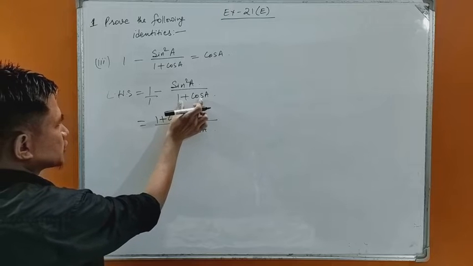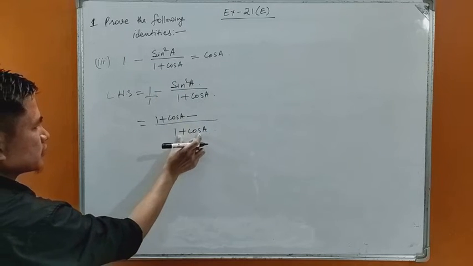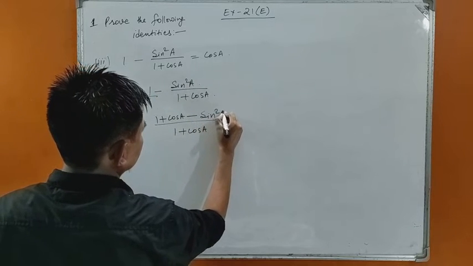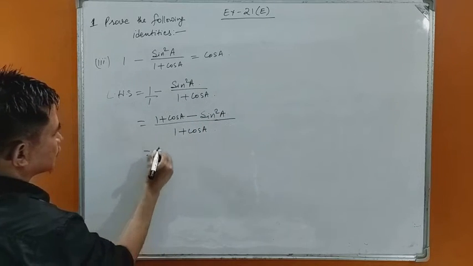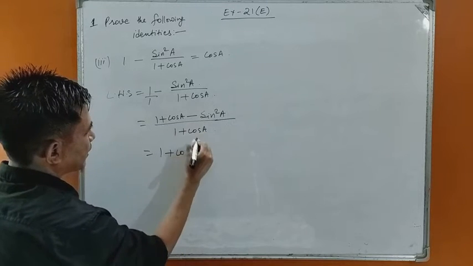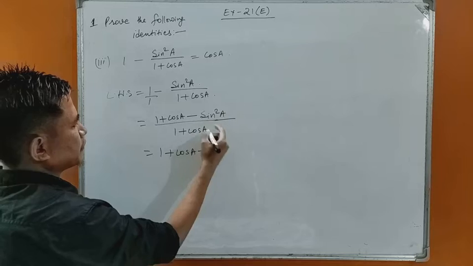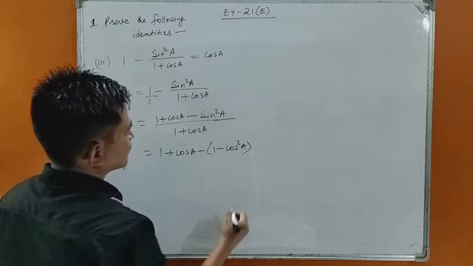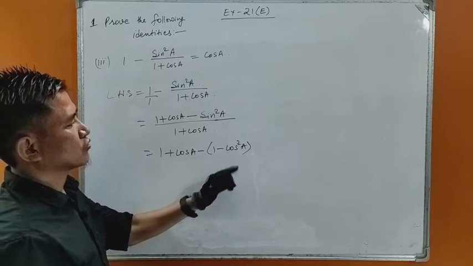So this 1 into sin square A is sin square A. So here we have 1 plus cos A, we copy as it is, minus this sin square A, which can be written as 1 minus cos square A, isn't it? Sin square A means 1 minus cos square A.